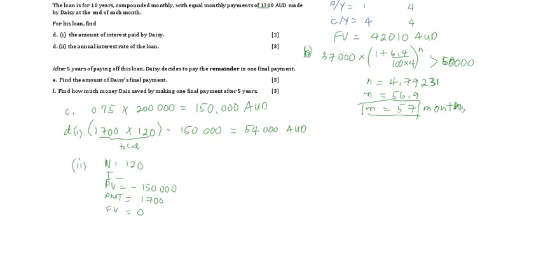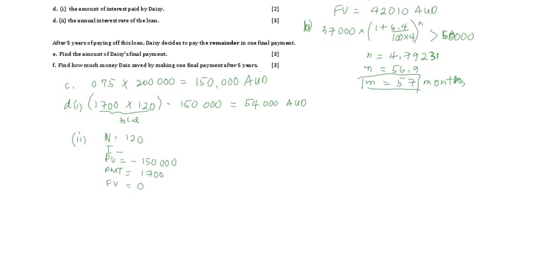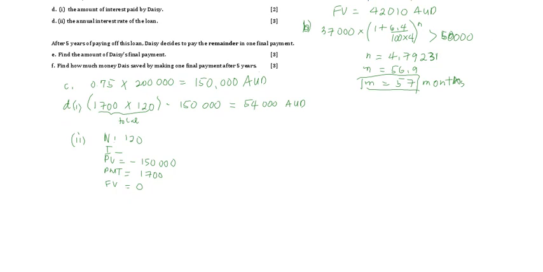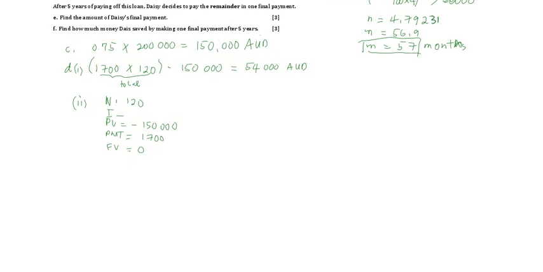Okay, let me move a little. We don't have space here. Payment per year, 12, compounding monthly.